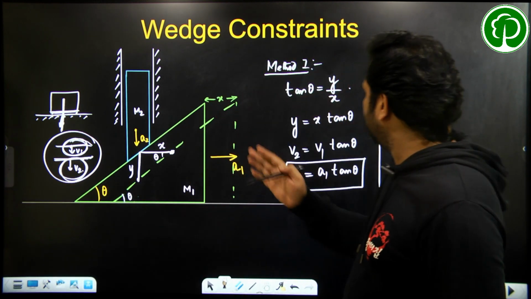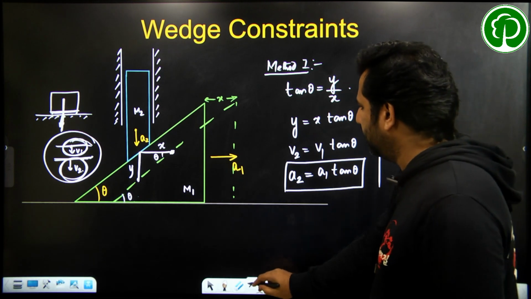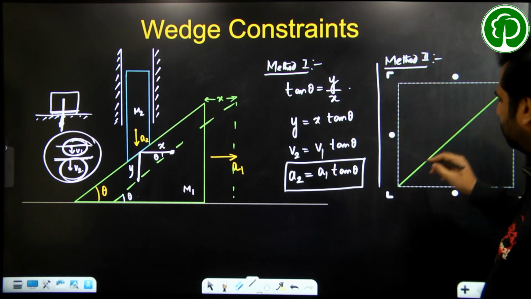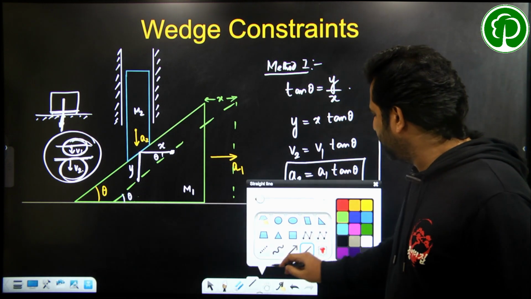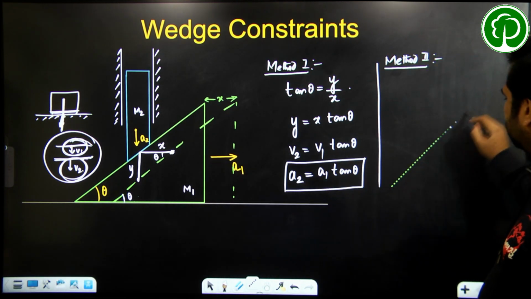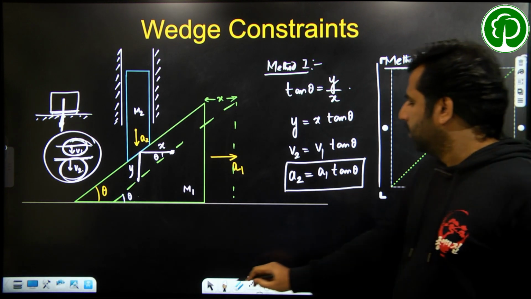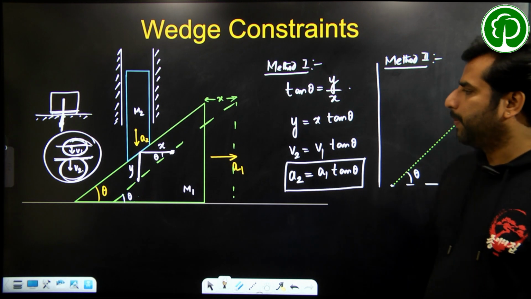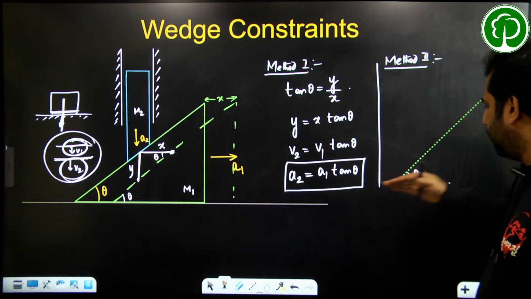I am going to apply the same concept here. If you observe the inclined plane or the wedge, this is the wedge surface, which I will represent with a dotted line. This is making an angle theta with the x-axis, or with the horizontal.